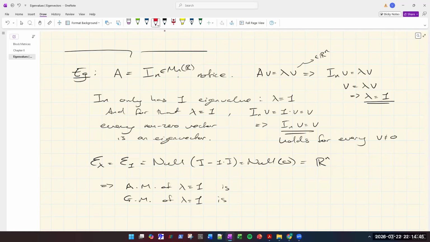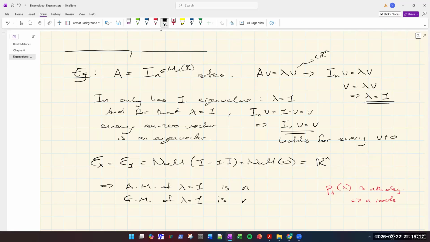And the reason for that is because the characteristic polynomial is an nth degree polynomial. So it means it has n roots. So lambda equal to 1 is the only root, but it's repeated n times. So the algebraic multiplicity is n.